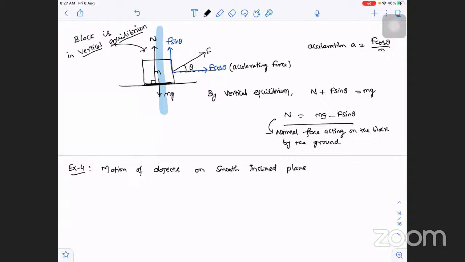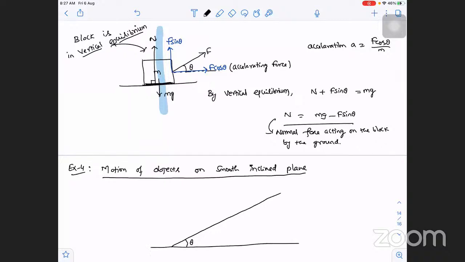As I told you, in Newton's laws of motion, all surfaces will be smooth. So now I'm taking a smooth inclined plane, something like this, of inclination theta.